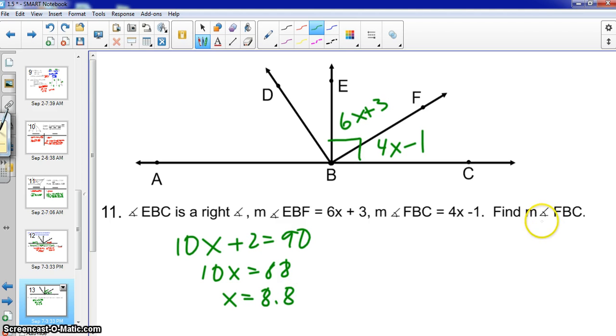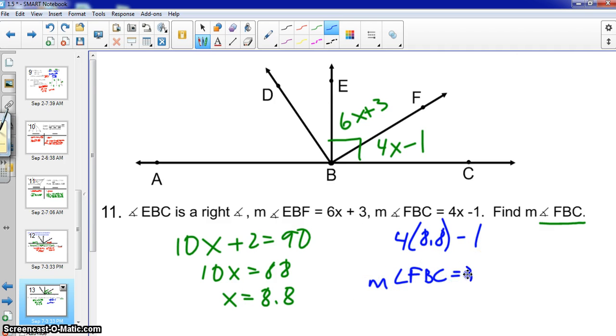Make sure to go back and answer the question, finding the measure of angle FBC. So plug in my x value for FBC. I get the measure of angle FBC equal to 34.2 degrees.